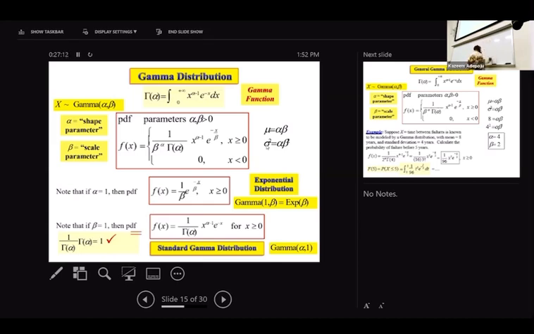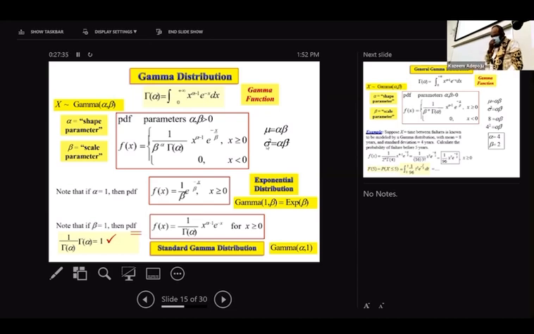And of course, I write f of x equal to the formula, for x greater than 0, alpha greater than 0, beta greater than 0. So that is the gamma distribution.